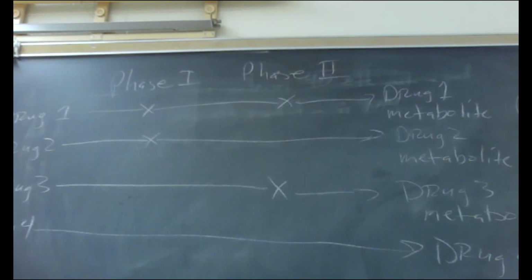So there's different strategies to this. This is just one particular enzyme, but it's the major one. And so interactions, a lot of them tend to be around 3A4.